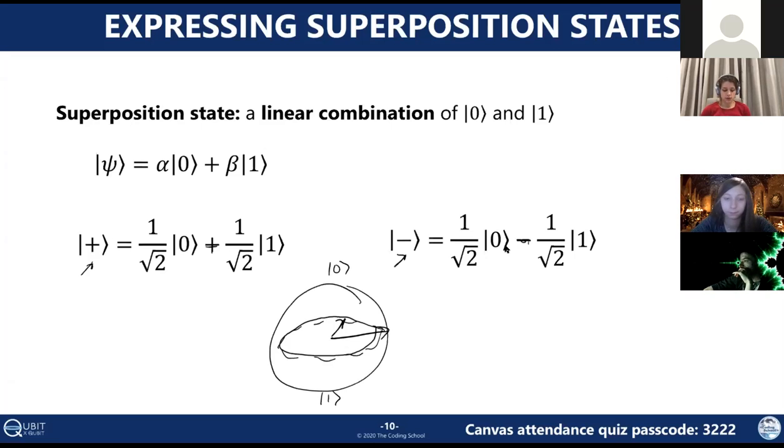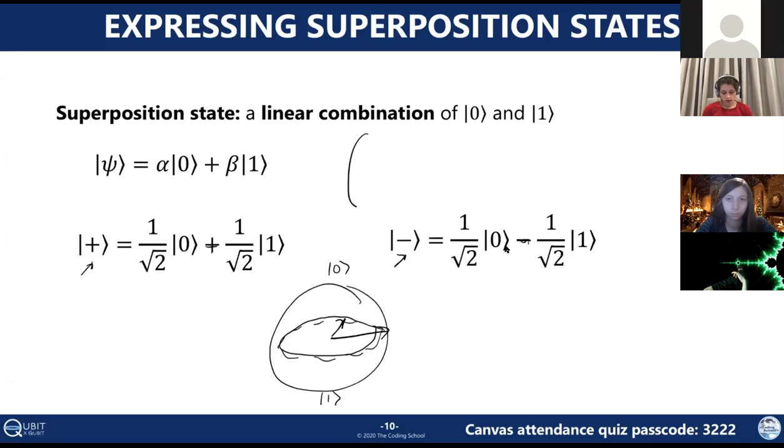You could also do this by... I guess it wouldn't be super informative to write it as a matrix, but you could write your two basis states as a matrix and then write this alpha and beta as a vector.